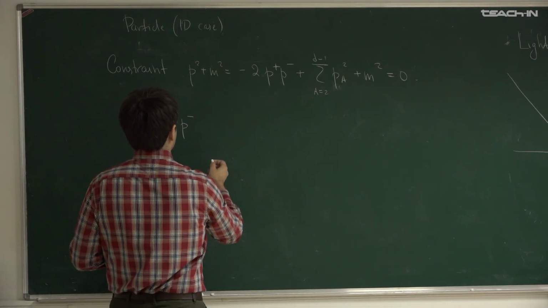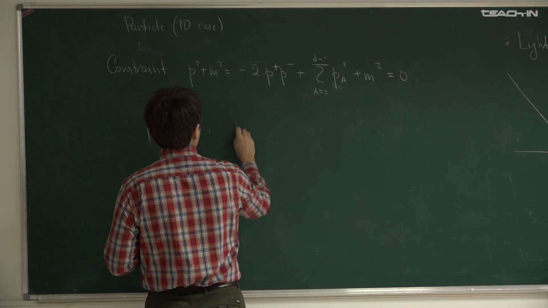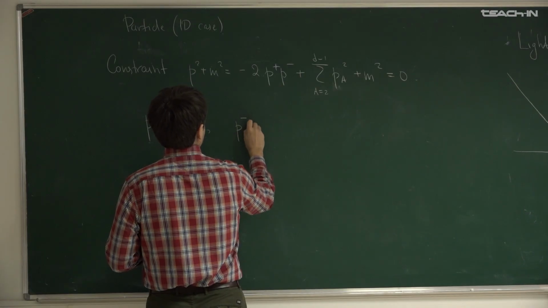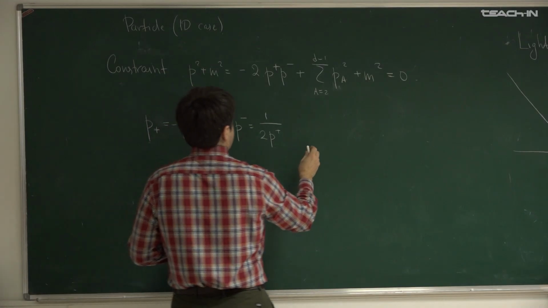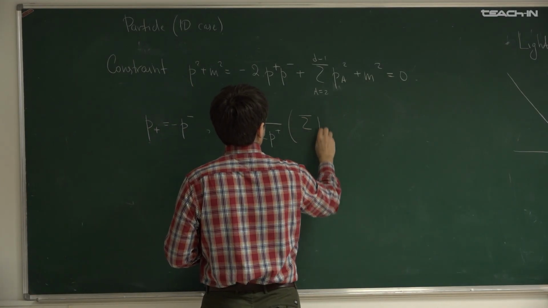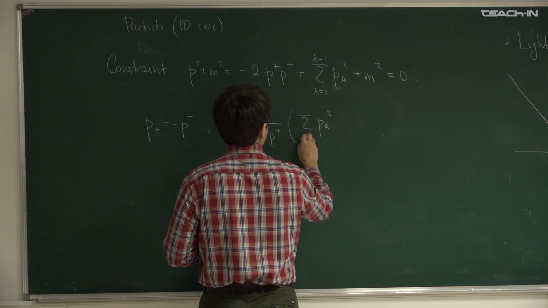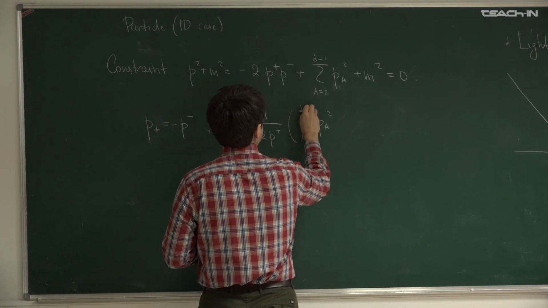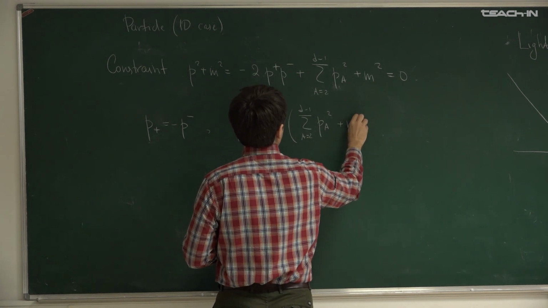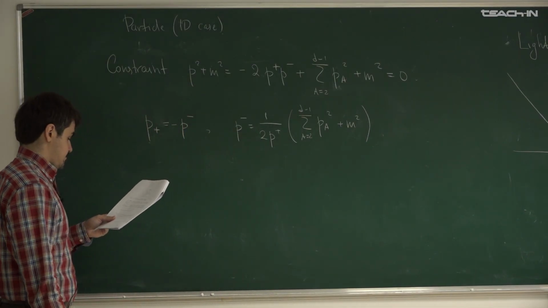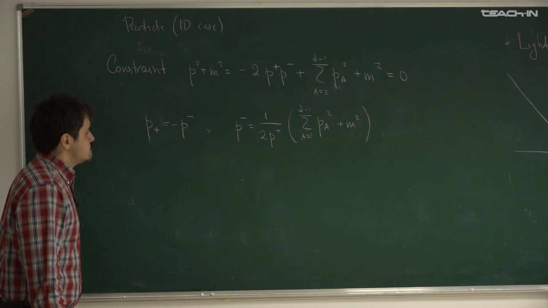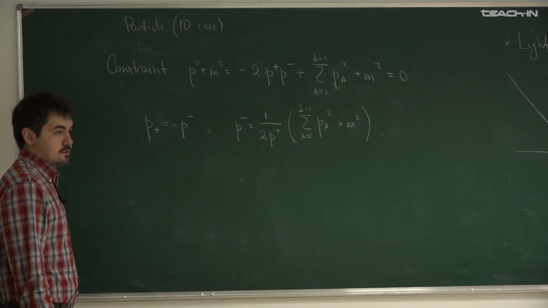And so we solve for p minus here. So p minus is 1 over 2p plus times the sum of pa squared plus m squared.